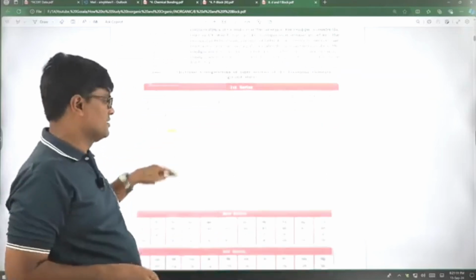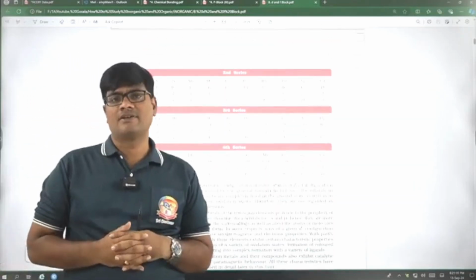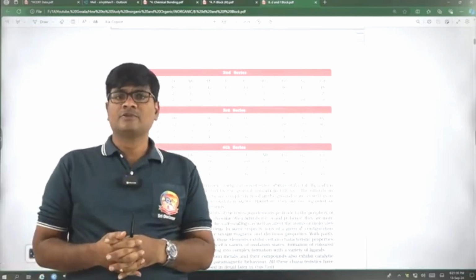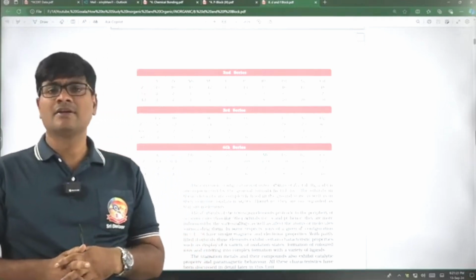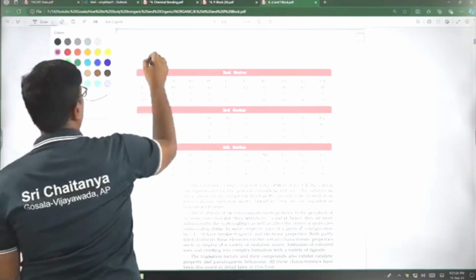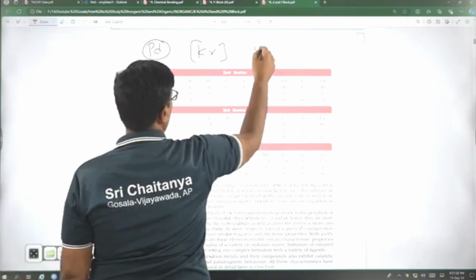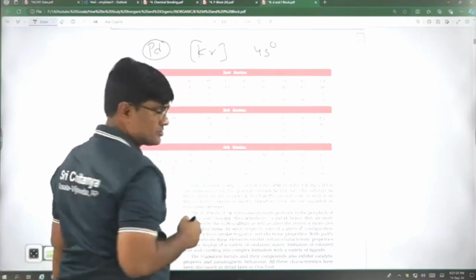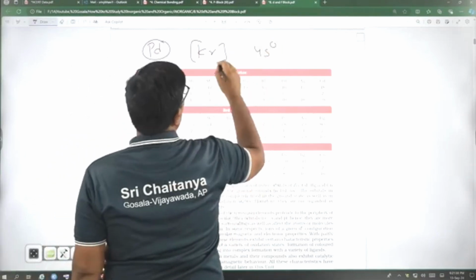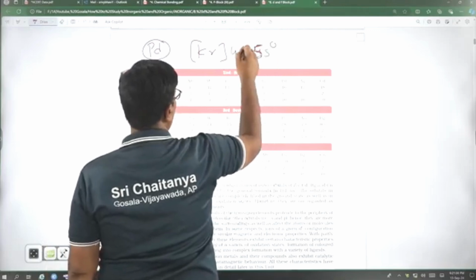Then electronic configurations, some important exceptions in electronic configurations, for example palladium. Palladium has, what is the configuration? Palladium electronic configuration, if you see, after krypton, what we expect, 5s2 should be, but it is 5s0 and 4d10.